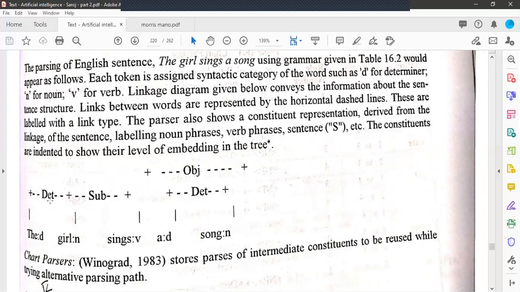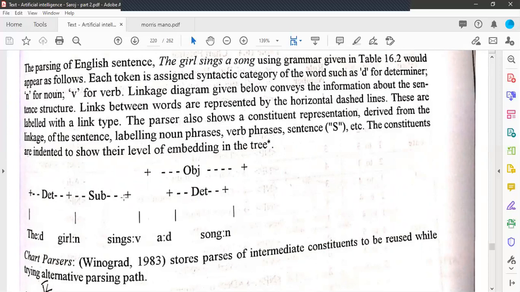Det determiner plus. Here there is a determiner and something follows determiner. What follows determiner? Subject follows. Who is the subject here? Girl is the subject. After girl also you have plus. Why plus?